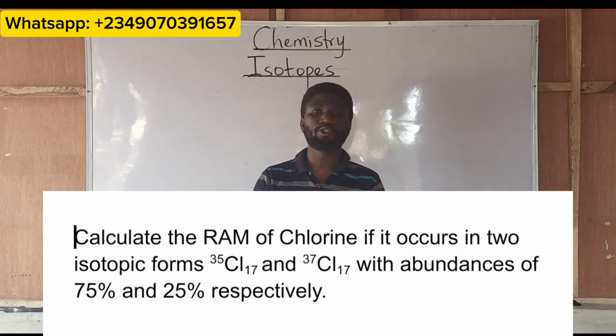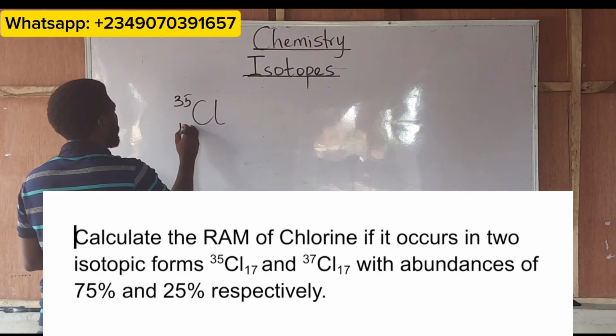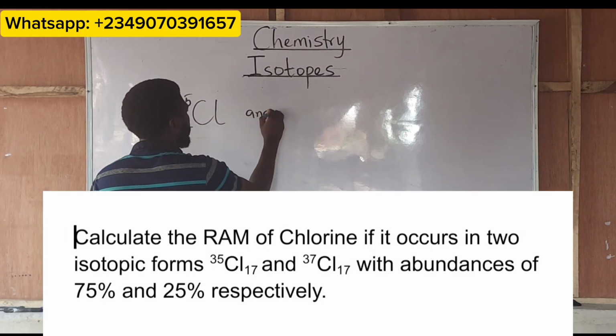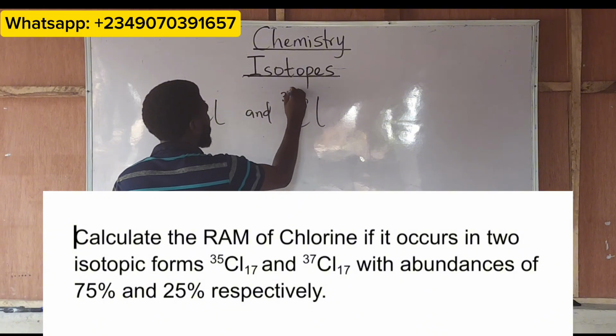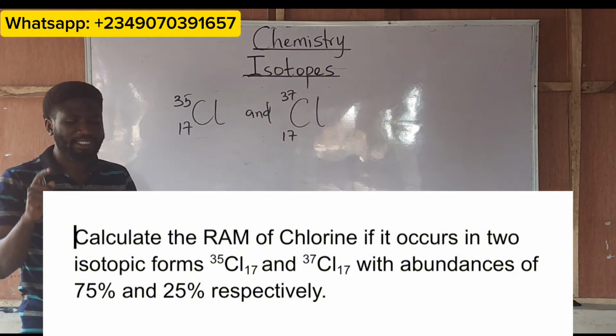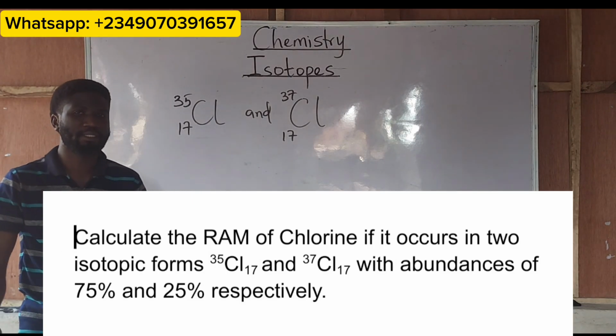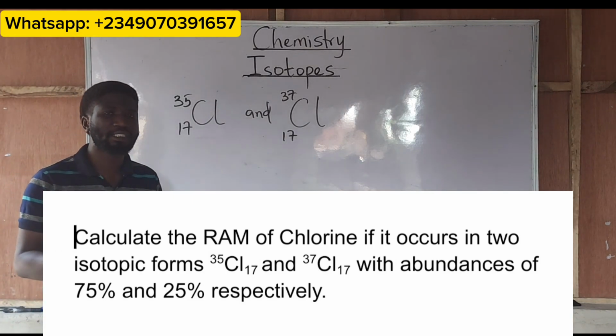If it occurs in two isotopic forms, we have that of 35 and that of 37, with abundances of 75% and 25% respectively. So do not interchange.